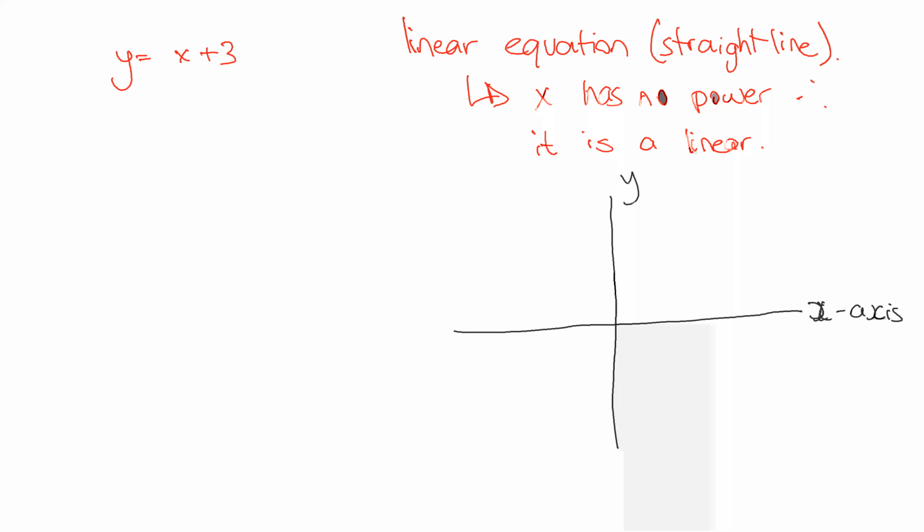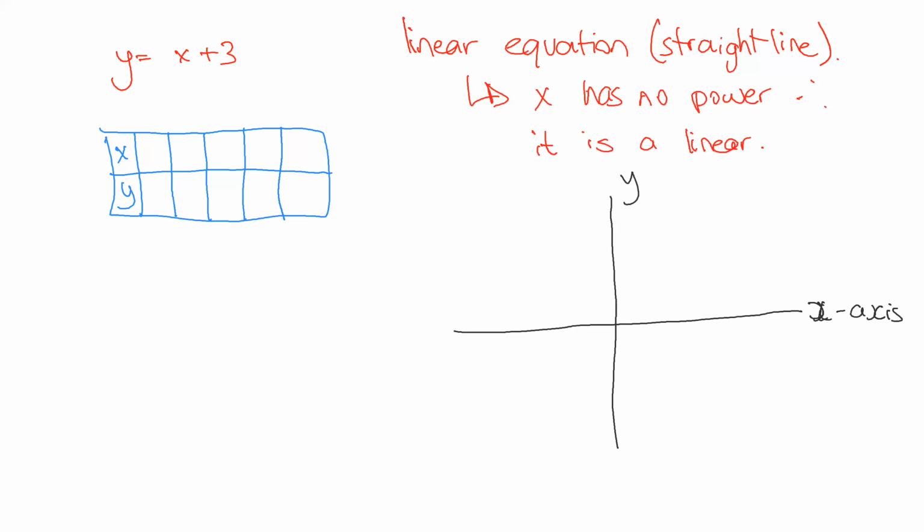So I need to first write down a table of values, which means coordinates. The way I do that is I substitute some x values into this equation to get y values, and those x and y values are going to be the coordinates that I'm going to use.